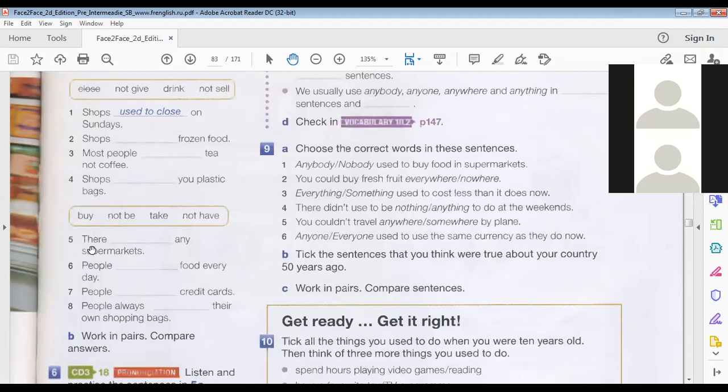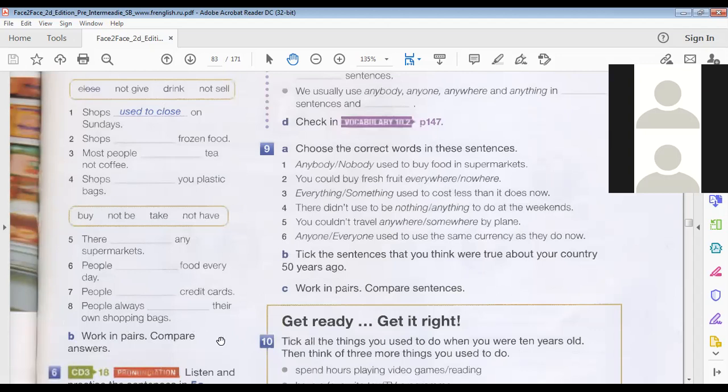There didn't used to be any supermarkets. People used to buy food every day. People didn't used to have credit cards, and people always used to take their own shopping bags.